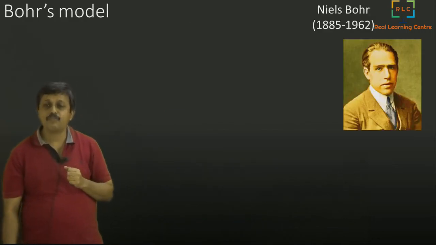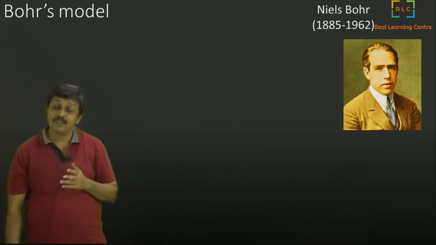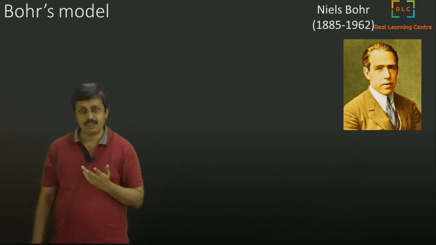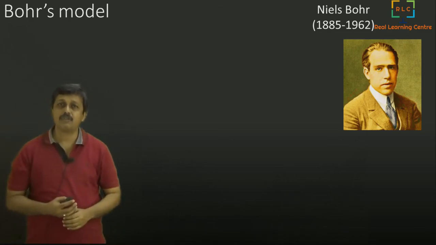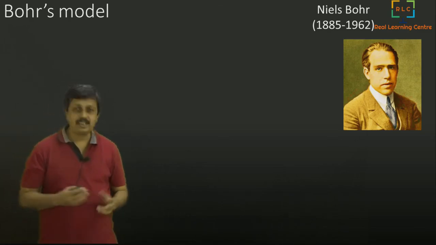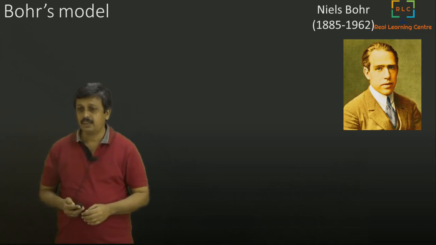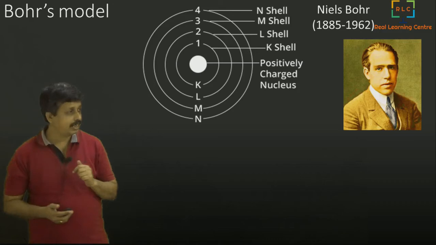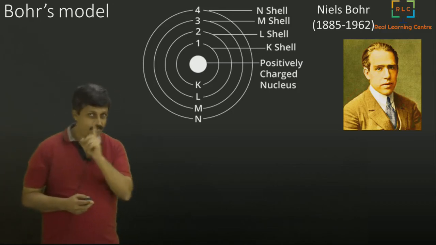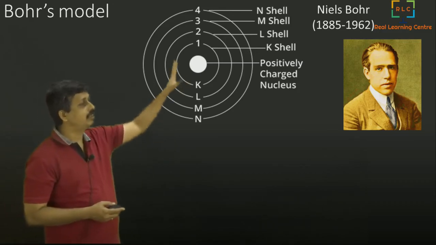Next came another very famous scientist called Niels Bohr. He came in the 20th century and he worked a lot. He is the father of quantum mechanics. He actually started quantum theory. He came with the idea that electrons are going around not in one circle but in many different circles.